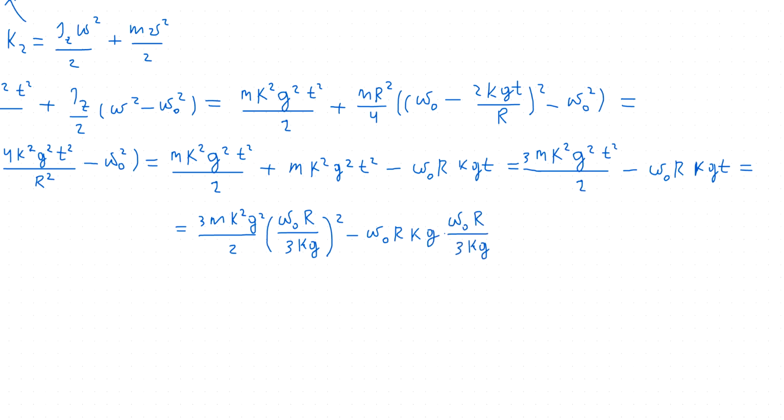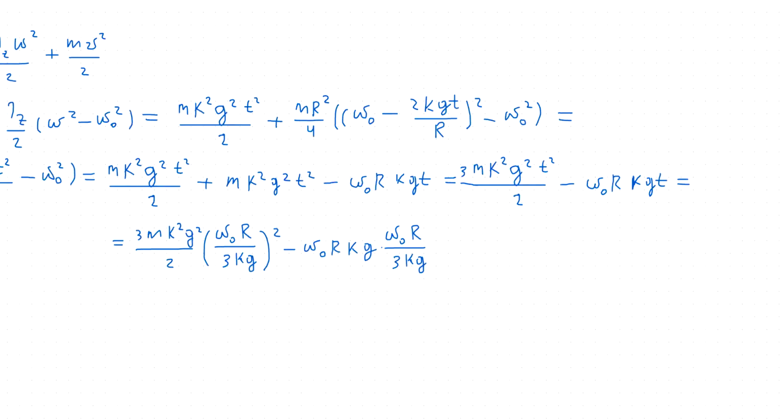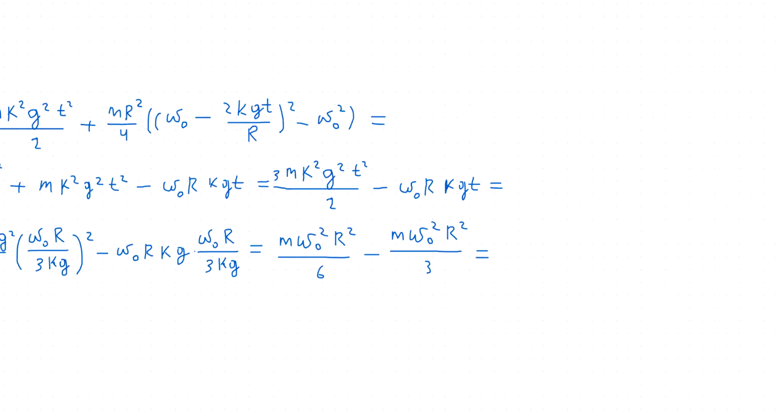again, let's open brackets again. We will have m omega 0 to the power of 2 r to the power of 2 divided by 6, minus the same, minus a similar term but with 3 in the denominator, and it will be just minus this.